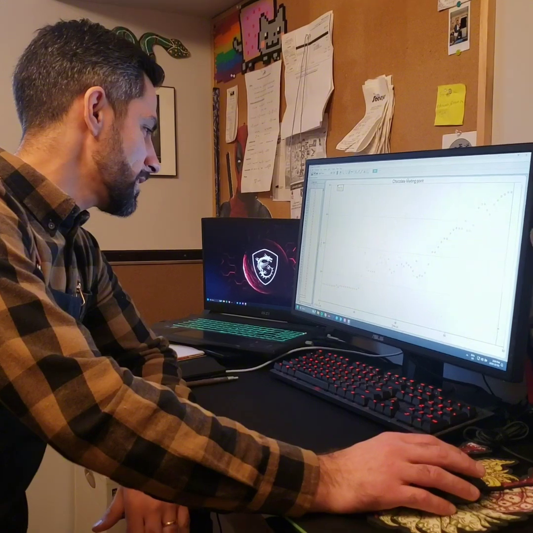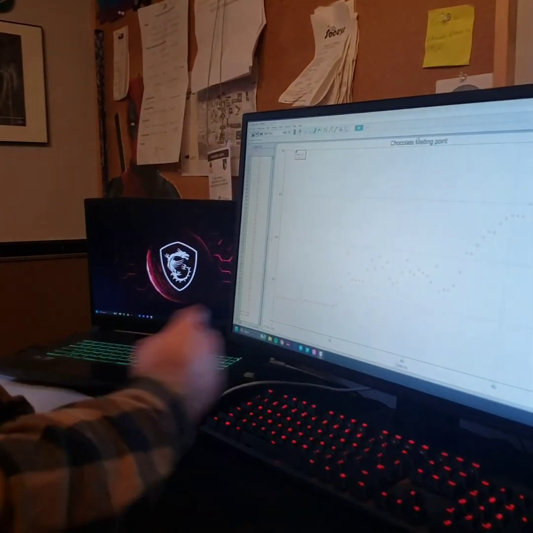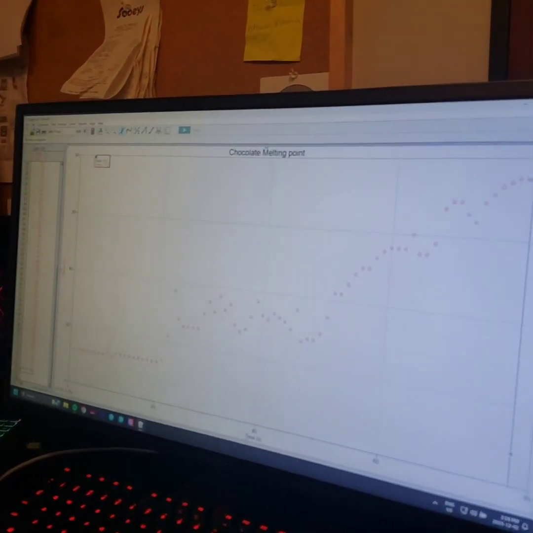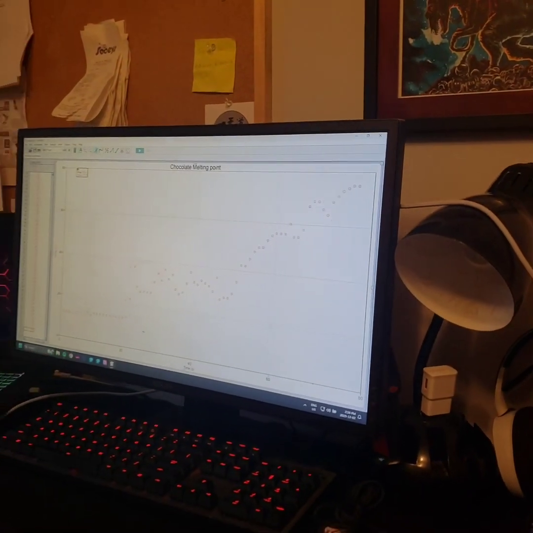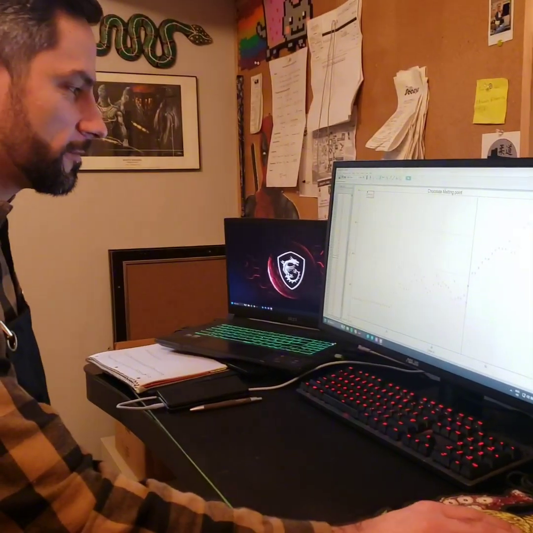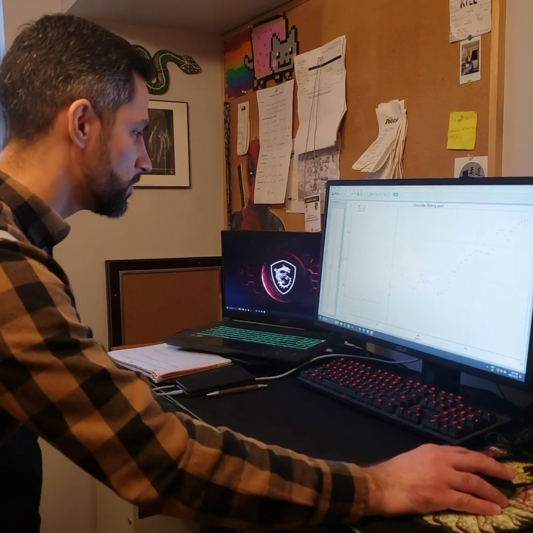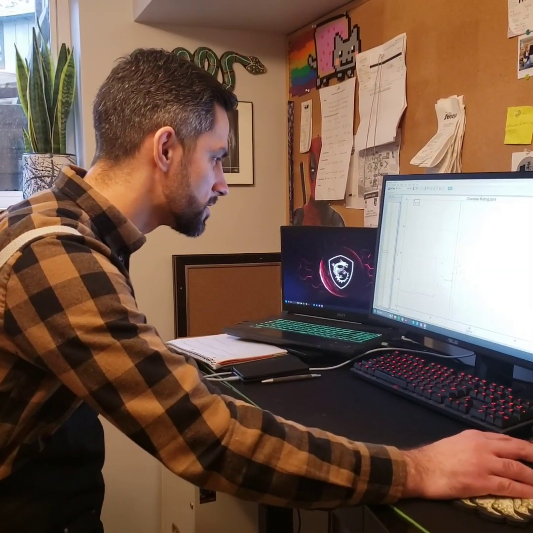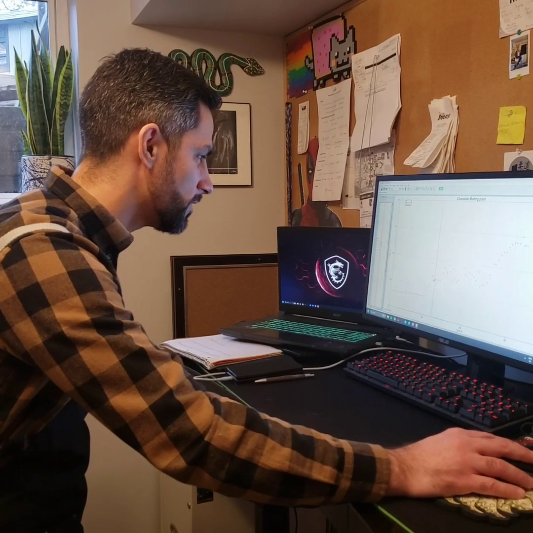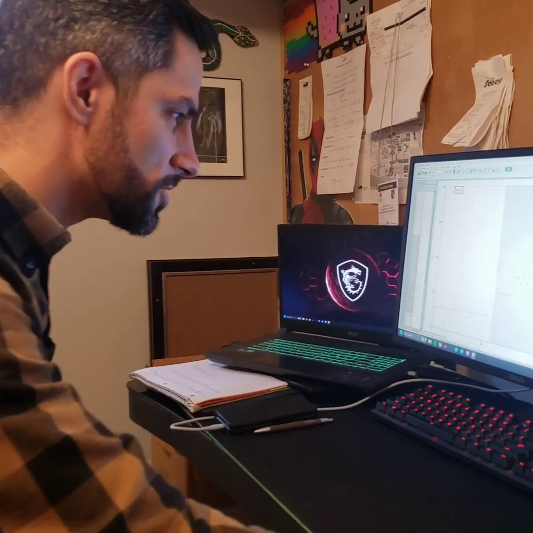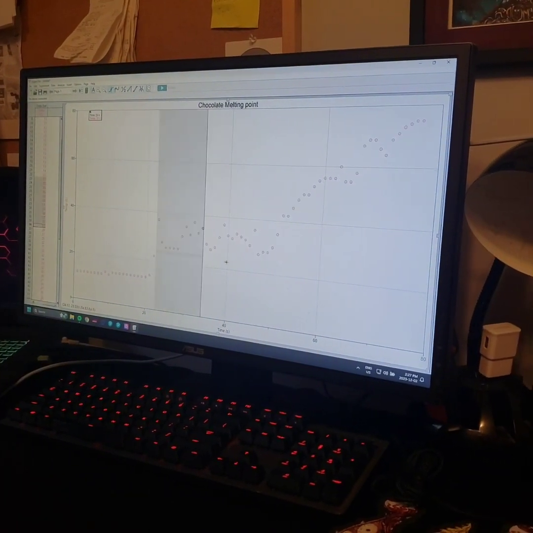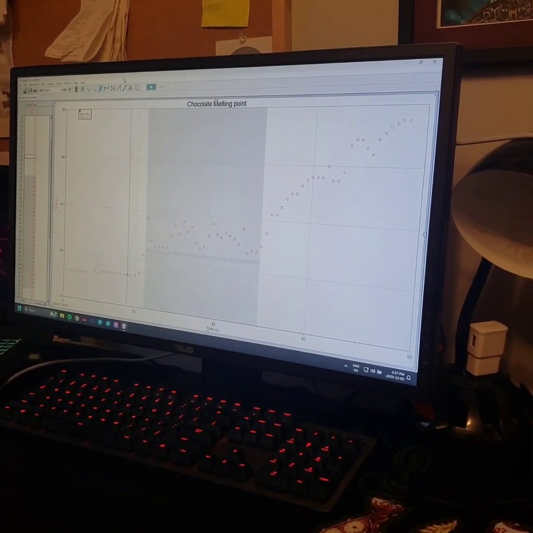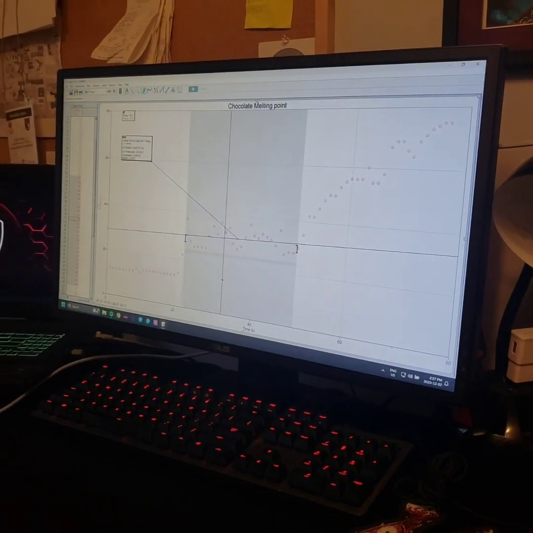Well, now that I've plotted all my data, looks like we got ourselves a bit of a graph. Now, we're going to analyze the different parts of this graph and see if we can get some good results. This part looks to be generally pretty flat, so we're going to take the average of these units and do a linear fit.